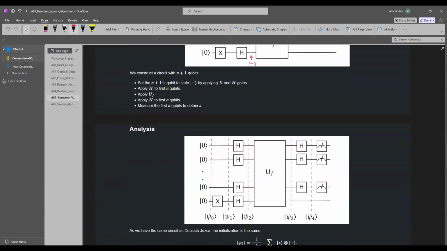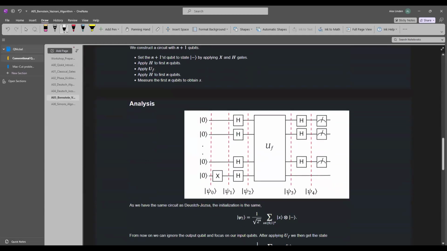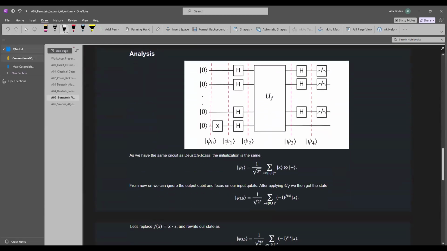Why does that work? So first, after the initialization, we'll get the same state that we saw not long ago. So again, 1 divided by the square root of 2 to the power of n.